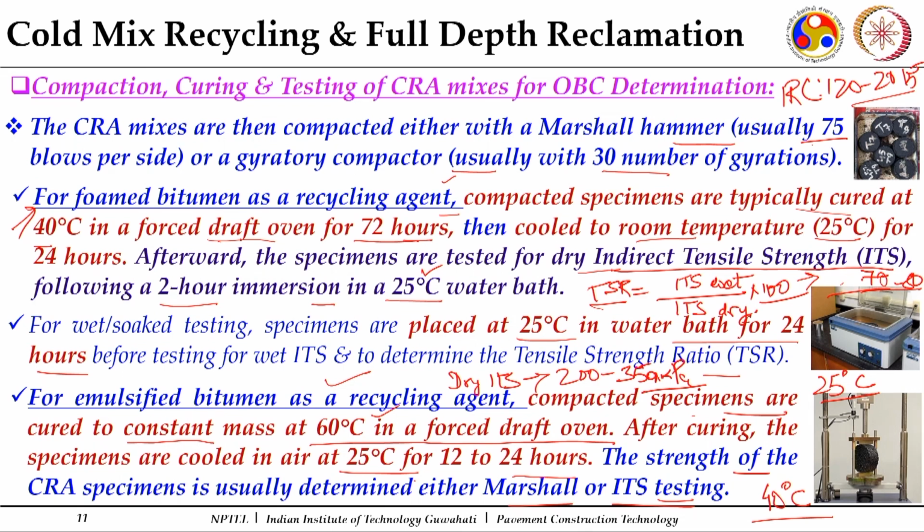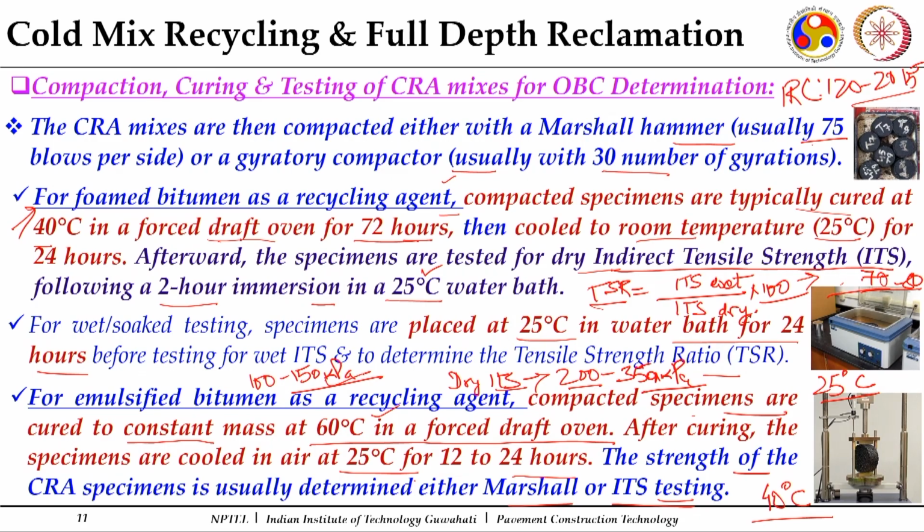These are some typical requirements, and it depends on the specifications. The dry ITS values may be in the range of 200 to 300 kilopascals, and your wet ITS values may be around 100 to 150 kilopascals.